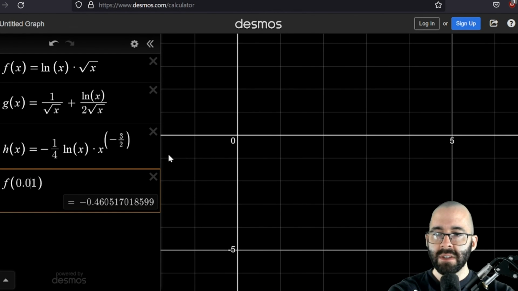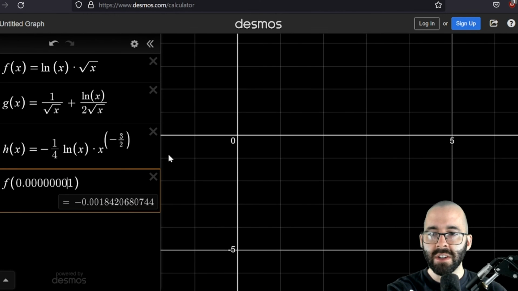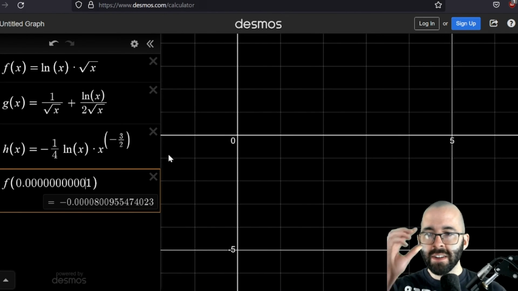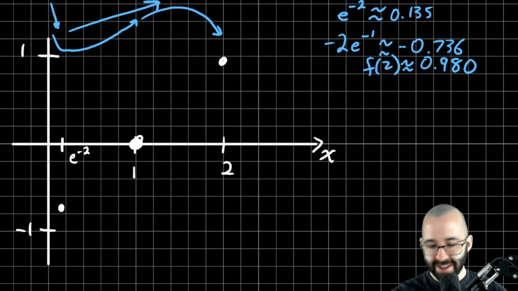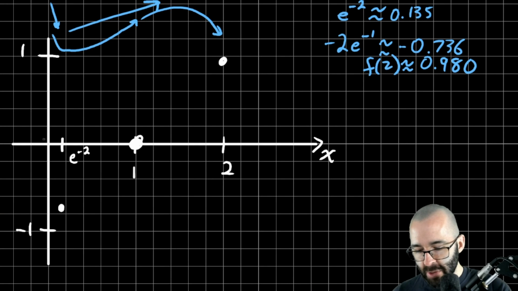As we get closer to 0, -0.4, closer to 0, closer to 0. What's happening to our function as we're getting closer to 0? The limit of this function value as x goes to 0 from the right looks to be about 0. So we're going to have a big open circle right here.